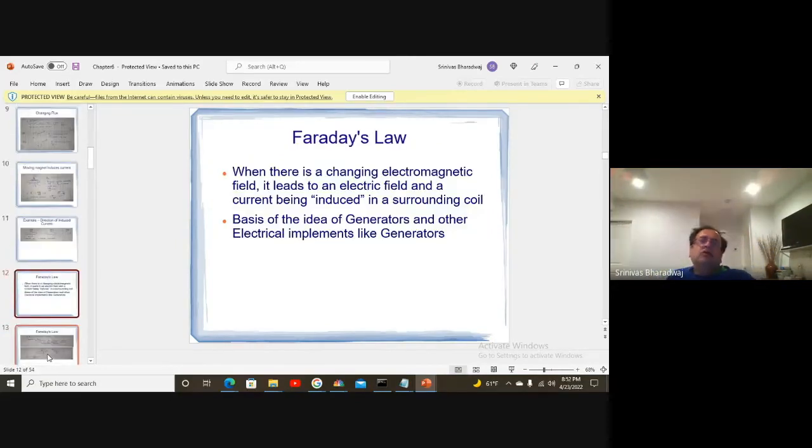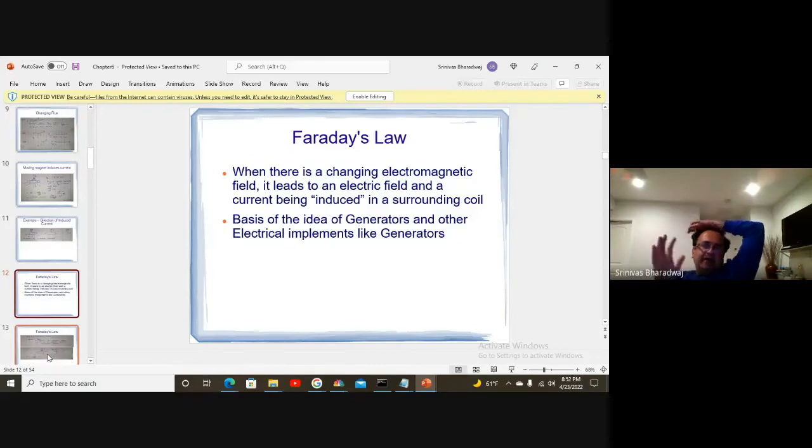Okay, so when there is a changing electromagnetic field, it leads to an electric field and then current being induced in the surrounding coil. That is the basis of the idea of generators and other electrical implements. Okay, so this is the fundamental idea behind Faraday's law.